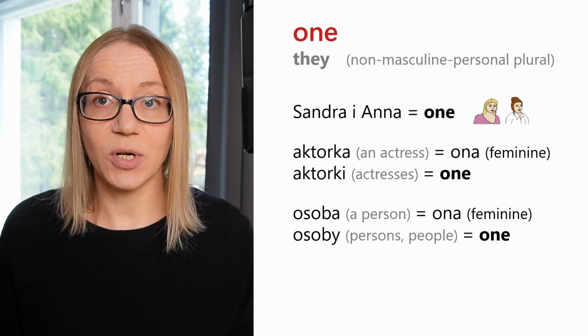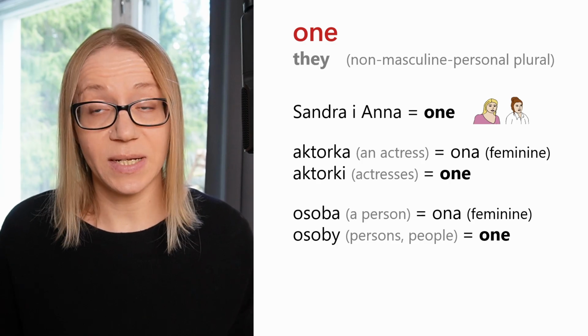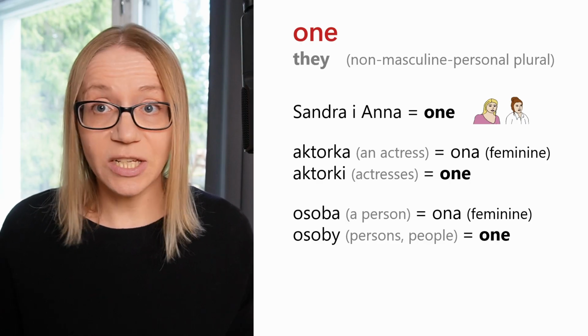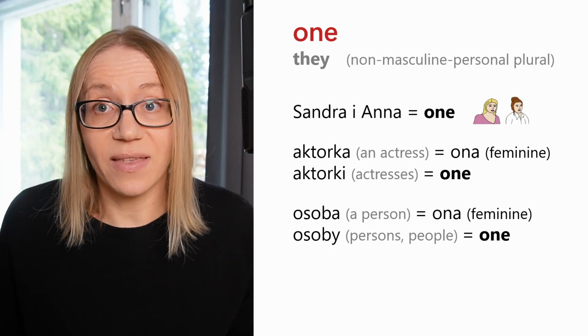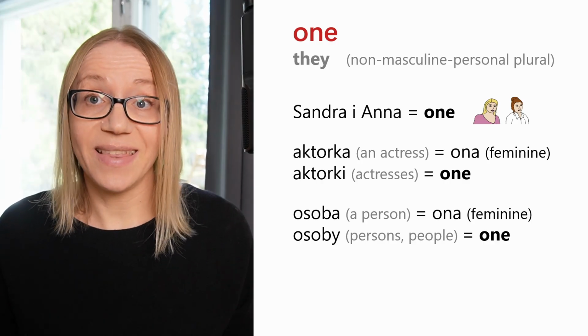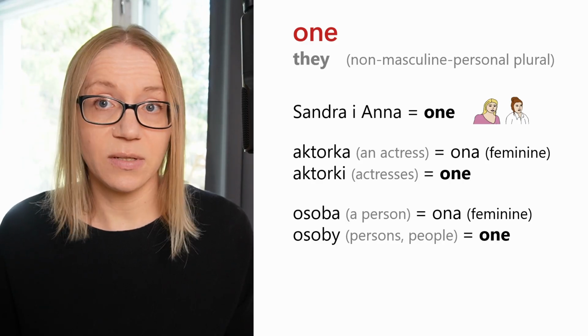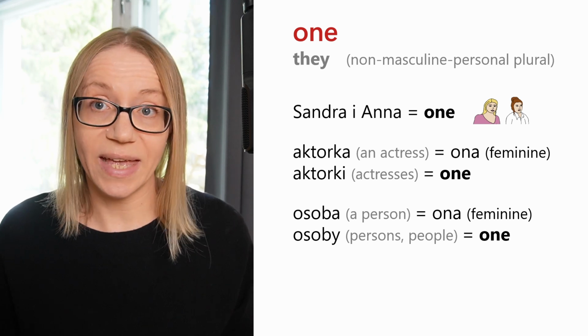Or the word osoba, it means a person, and it is a feminine noun. So in the singular, it would be ona, ta osoba, this person. And then in the plural, osoby, meaning persons or people, here the pronoun will be one.